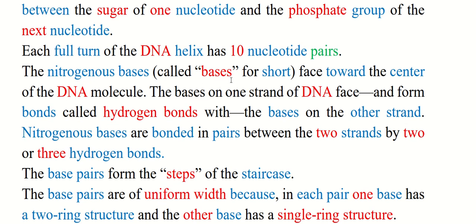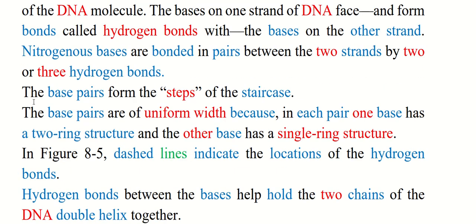The nitrogenous bases, called bases for short, face toward the center of the DNA molecule. The base on one strand of DNA faces and forms a bond, called a hydrogen bond, with the base on the other strand. Nitrogenous bases are bonded in pairs between the two strands by two or three hydrogen bonds. The base pairs form steps of the staircase.